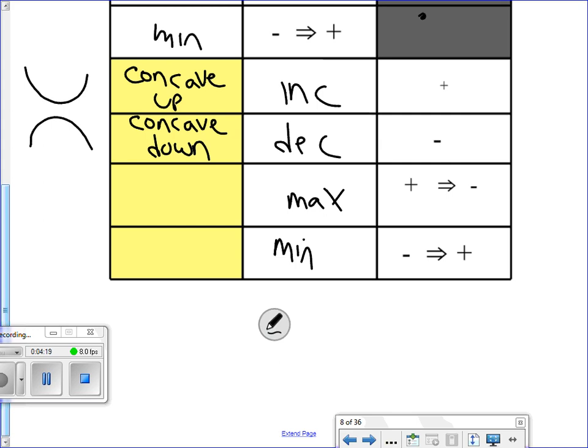All right, if the second derivative is positive and it changes to negative, our first derivative has a max. What's going on with the actual graph?